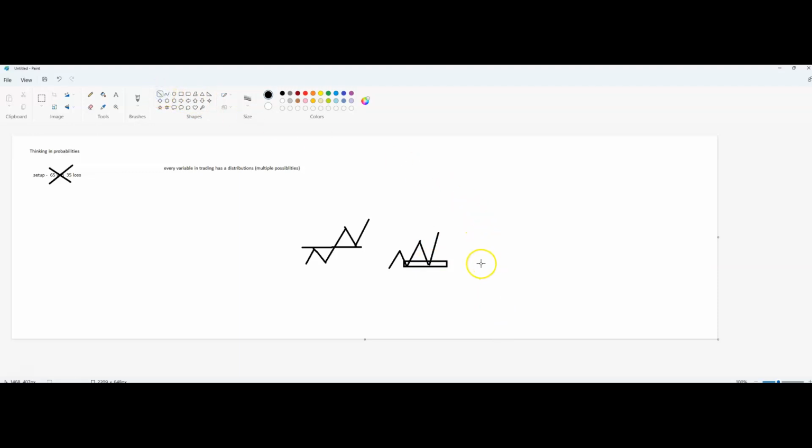Third possibility is that it doesn't go here or there, but it goes somewhere in the middle. Why? Because there's a POC here. So volume-based support. Because there's a POC there, some traders will look to buy near the demand POC.